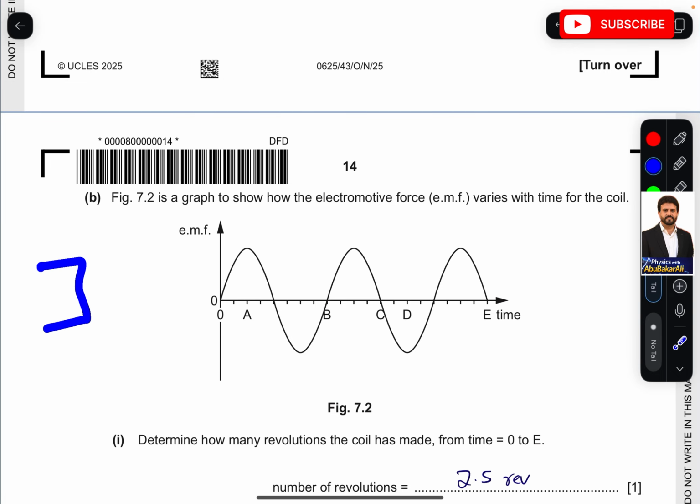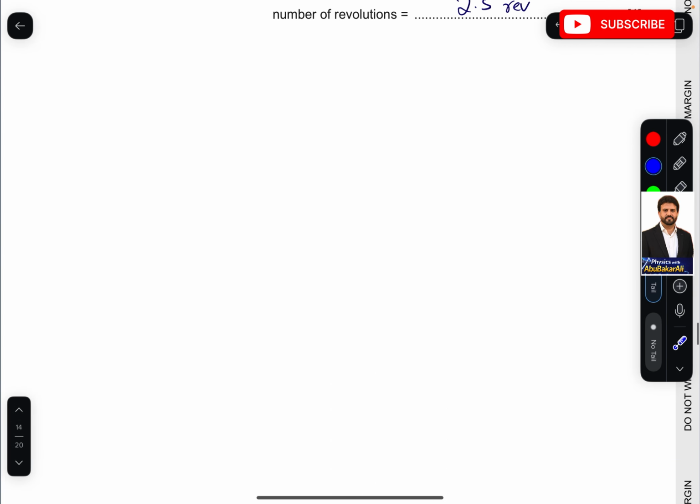So if the magnets are placed like this, when the coil is placed horizontally like this, it will have the maximum lines passing through it. And this is the point 0. When the coil is placed vertically, it will have minimum lines passing through it.